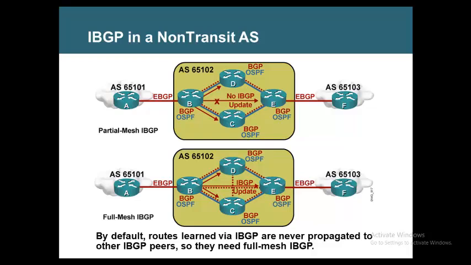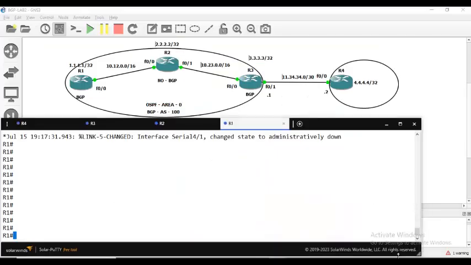Now, before we move on to the next chapter, I think I should do a lab for you. Before we move, let me use Notepad to finish the basic IP address and OSPF configuration. Why do I need OSPF? In order to reach between R1 and R3, I need OSPF.